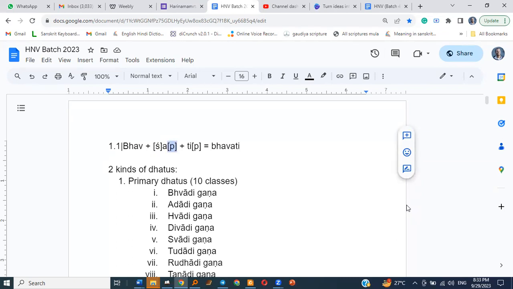There will be a rule explaining that. That's why we are considering the importance of Prithu here. So first we applied Shap, then because Shap is Prithu, we did Guna, then O, and then combined it. So we get Bhavati.